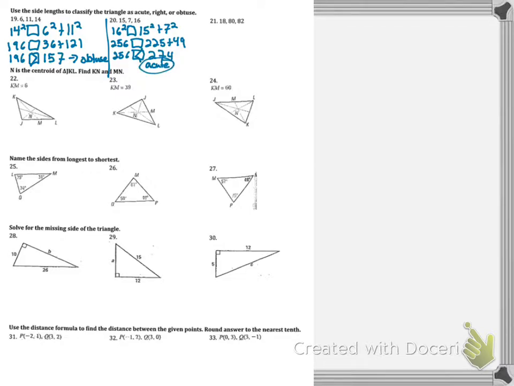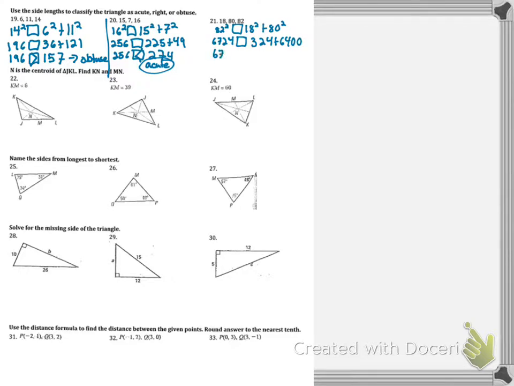And then last but not least, we have our biggest side here, which is 82 squared, box, 18 squared plus 80 squared. 82 squared is 6,724, box. 18 squared is 324 plus 80 squared is 6,400.